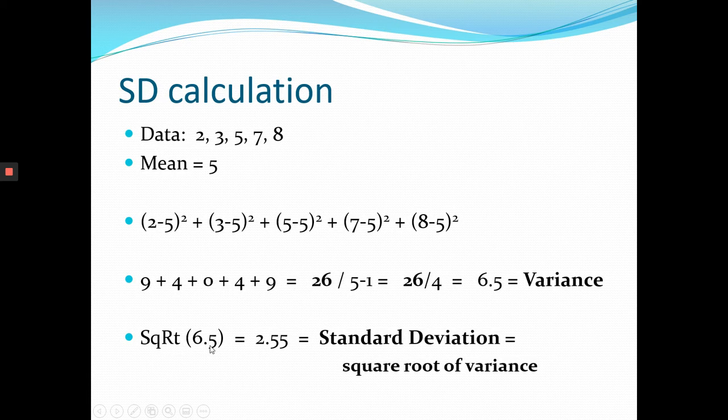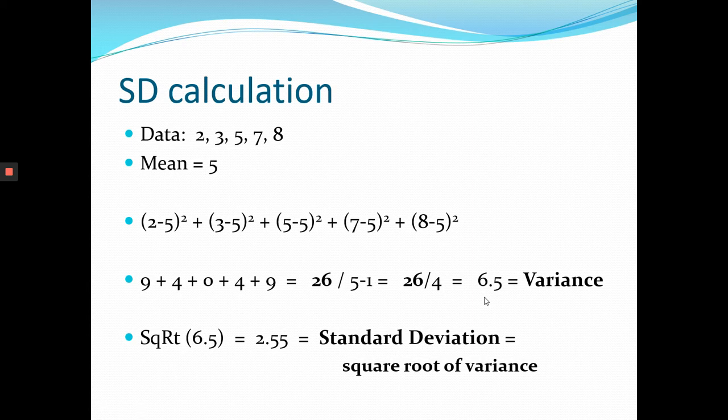So take the square root of 6.5, that's 2.55. Now we have our standard deviation. So remember, if you know the variance, take the square root to get the standard deviation. If you know the standard deviation, take that squared. You can check it. Take 2.55 times 2.55, you're going to end up with 6.5 with maybe some rounding error.